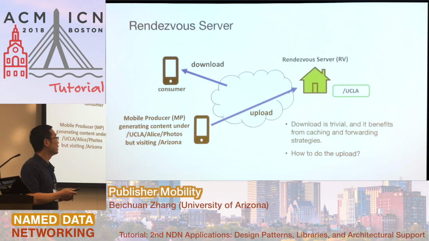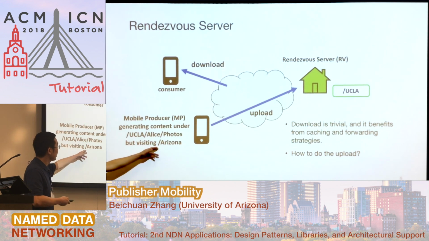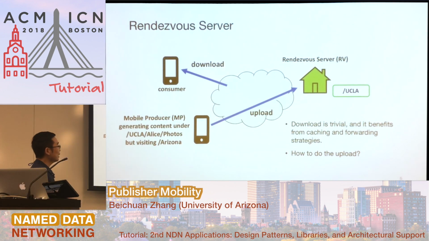Here's a little bit of illustration. We have this mobile node right down here. The mobile node, of course, moves around and generates data under this particular prefix, UCLA, Alice, photos.